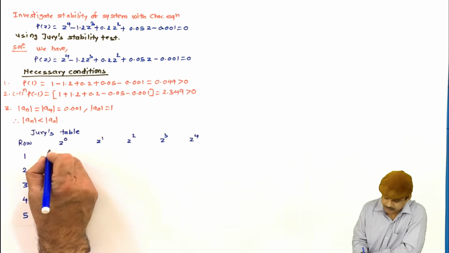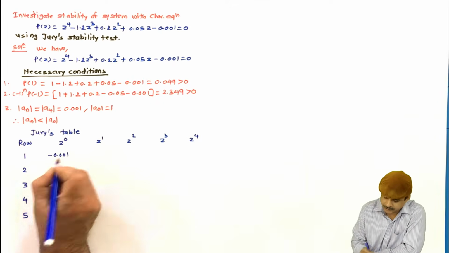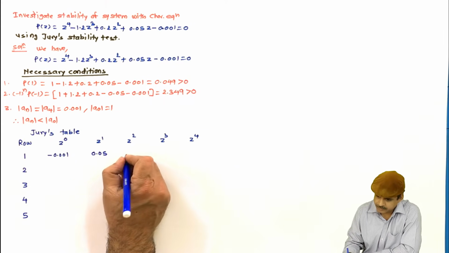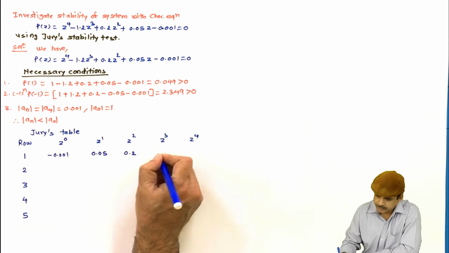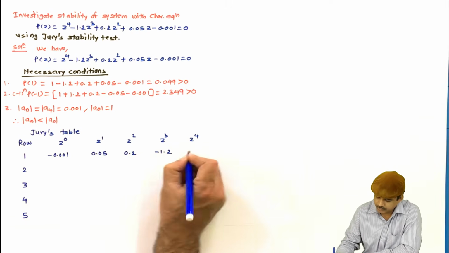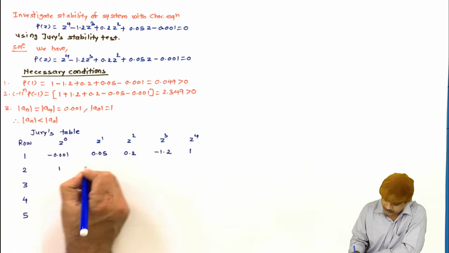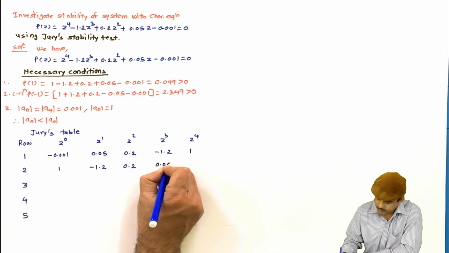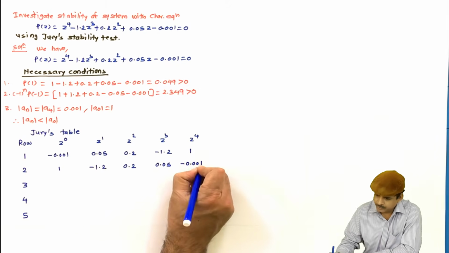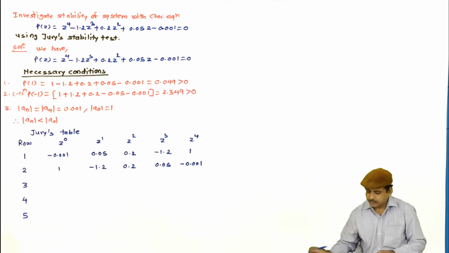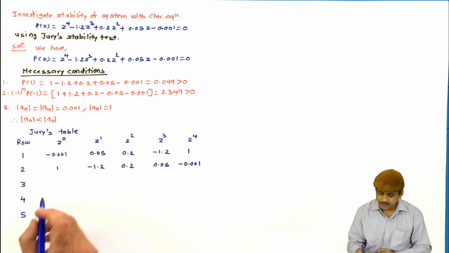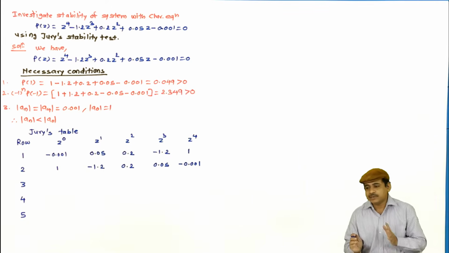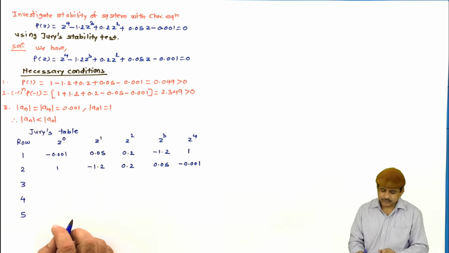So this will be minus 0.001, then next is 0.05, next is 0.2, then minus 1.2, and finally 1, and just reverse: 1, minus 1.2, 0.2, 0.05, minus 0.001. And now we have to calculate B3, B2, B1, B0 and C2, C1, C0. So 7 elements we have to calculate. Let us calculate one by one.